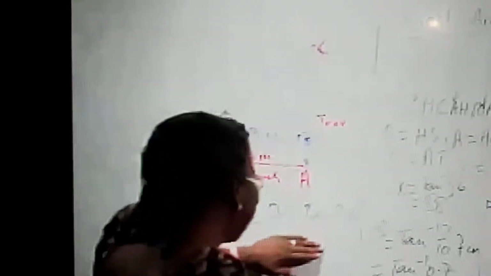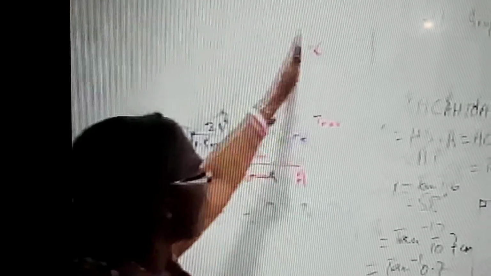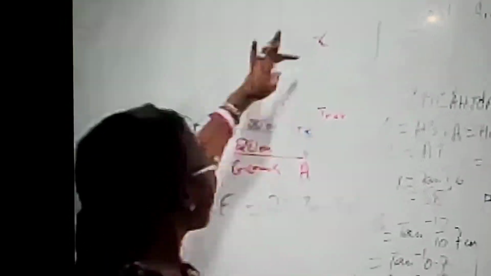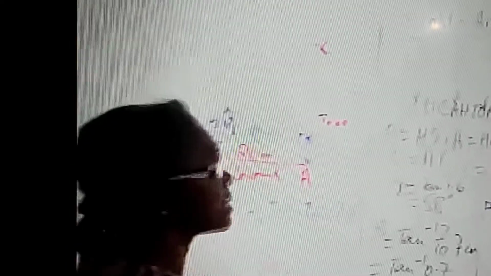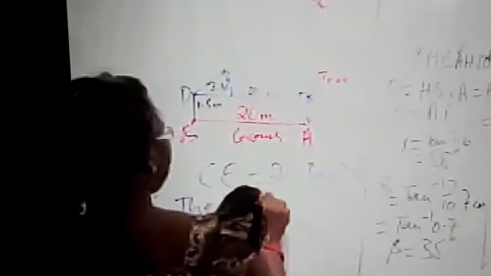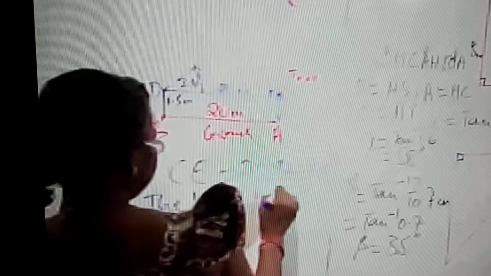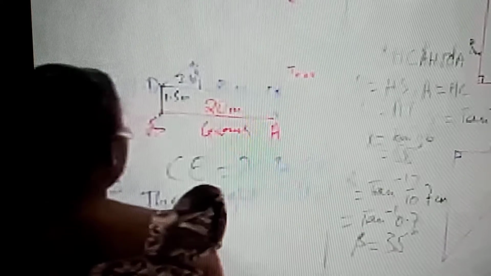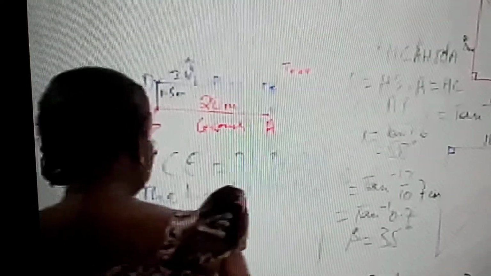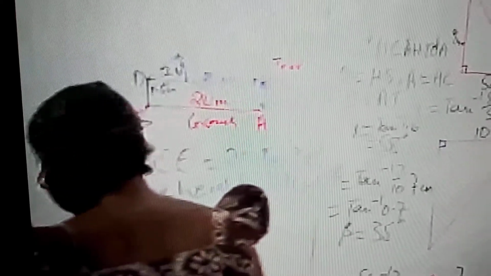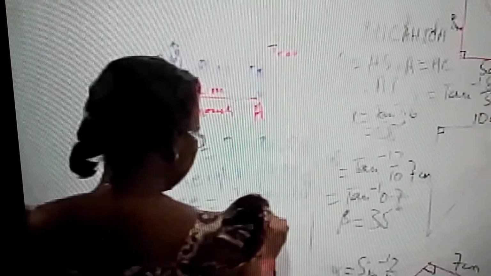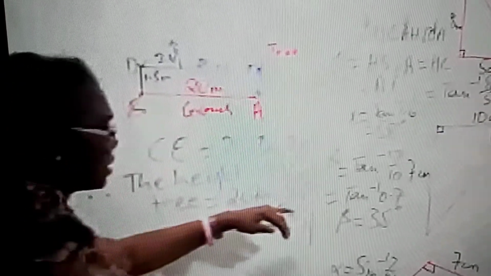So when you get CE, don't forget you want the height of the tree. So the height of the tree is CA or AC. Therefore, the height of the tree is equal to 20 times tan 24 plus 1.5 meters. So check on the table for what is tan 24 degrees.